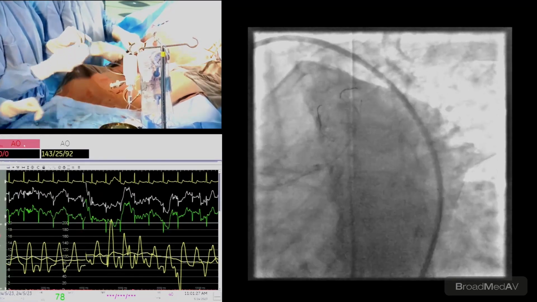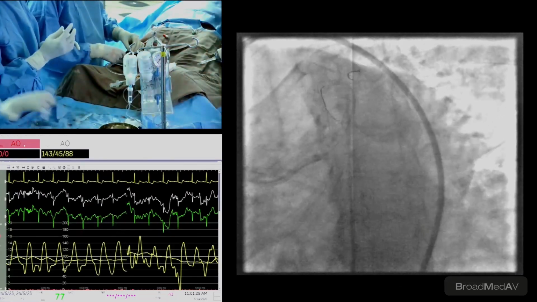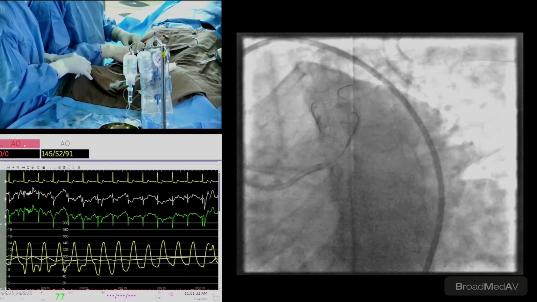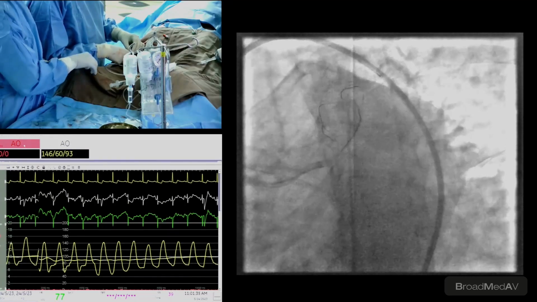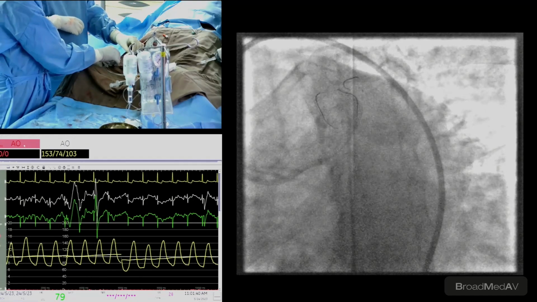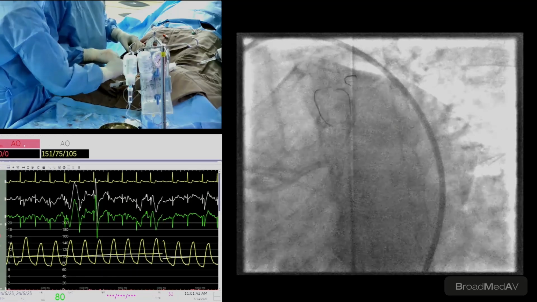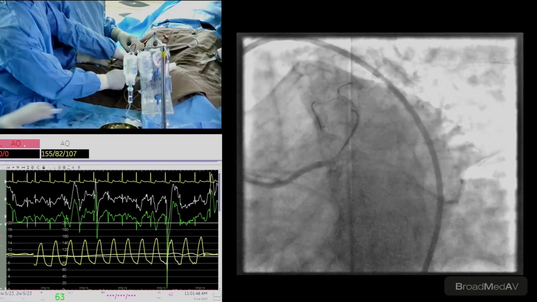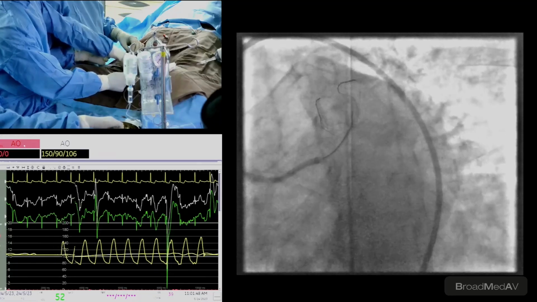So I'm going to use the other wire as a marker to get into the diagonal. So we go into the LAD first distally, okay? And then we come back and let me see what the origin is.